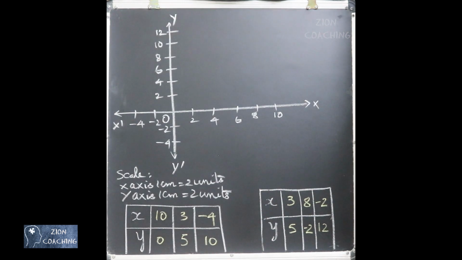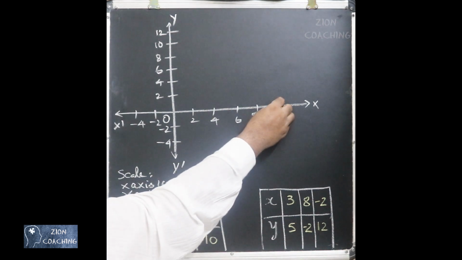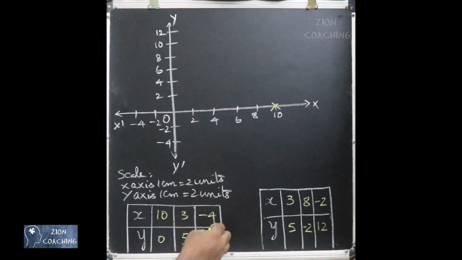Now we are going to draw the graph. We are going to represent the lines there in the graph. I have taken scale x-axis 1 centimeter equal to 2 units, y-axis also 1 centimeter to be 2 units. First we will draw the first line. We have (10, 0). This is (10, 0).